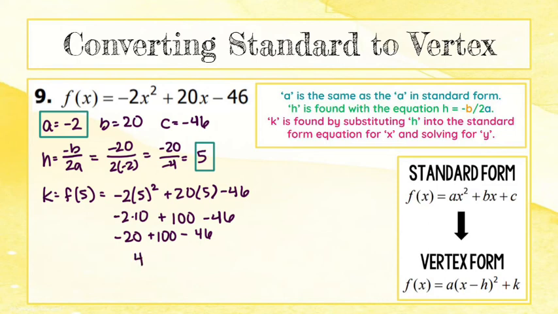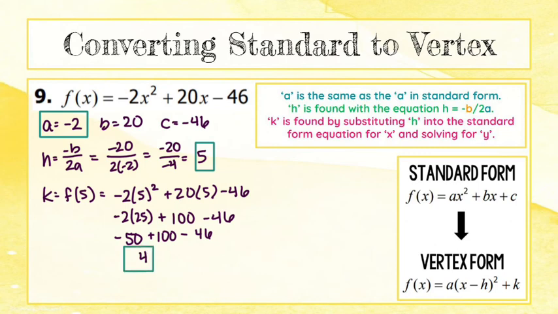So I messed up. That was fun. I was like, this doesn't equal 4. All right, 5 squared is not 10. Good job. All right, -2 times 25. There it is. Then -50. Now, -50 plus 100 minus 46 equals +4.